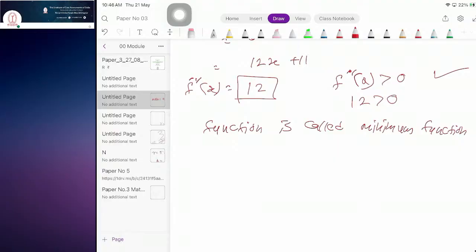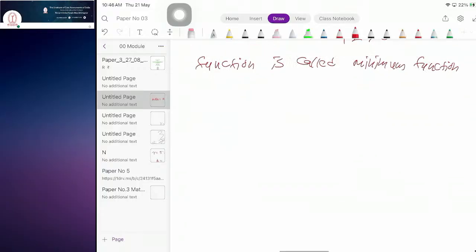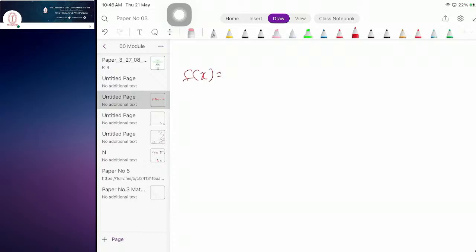Let's take one more example, suppose we take question 33. f of x is equal to 20x cube, oh it is 20x square, sorry, minus 15x minus 10, and find whether the function is maximum, minimum, no curvature, or none of the above.